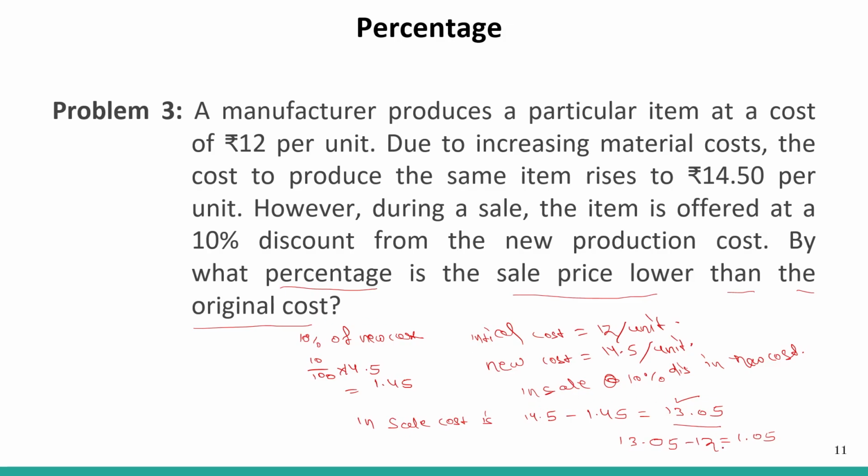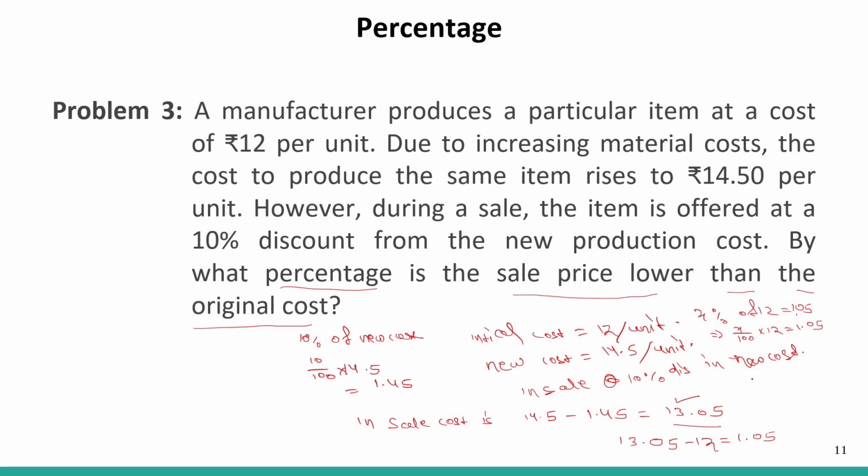The first thing to note here is that the sale price is not lower than the original cost. The original cost was 12 rupees per unit, so the sale price is greater than it. So what is the percentage difference? What percent of 12 is 1.05? So x percent of 12 is equal to 1.05, that is x by 100 into 12 is equal to 1.05.